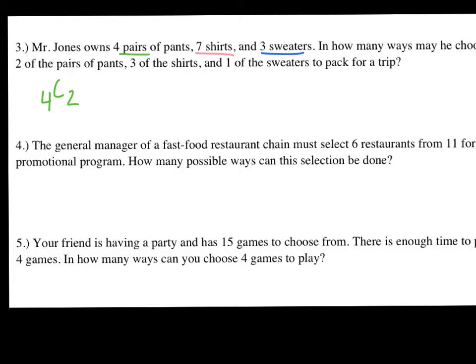And then times the shirt, which he wants to choose 3 of. So 7 choose 3. Times the sweaters, which he wants to choose 1 of. So 3 choose 1. So you end up with 630 possible combinations for those outfits for him to wear.